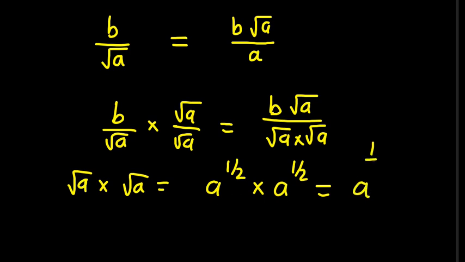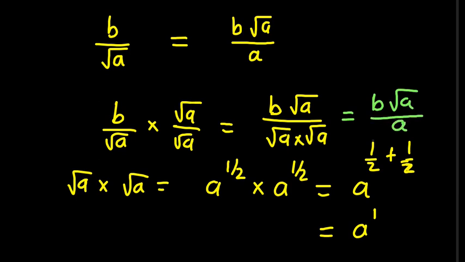Sorry, I made a mistake earlier. So half plus half, it's a to the power 1, right? So this becomes b root a over a.